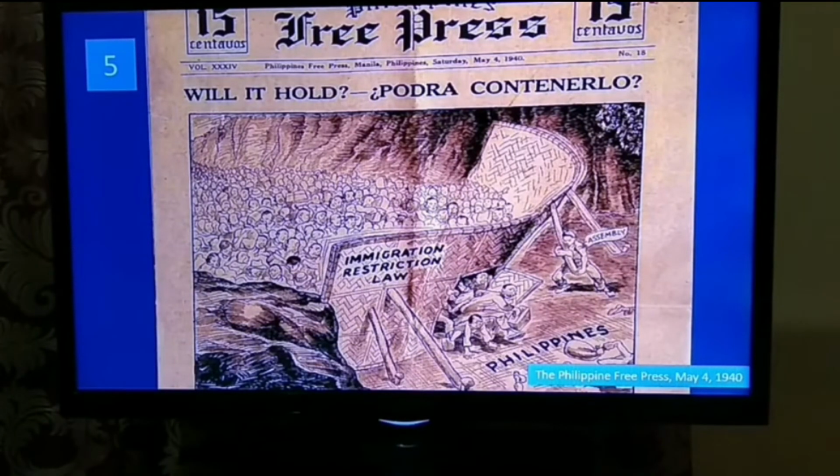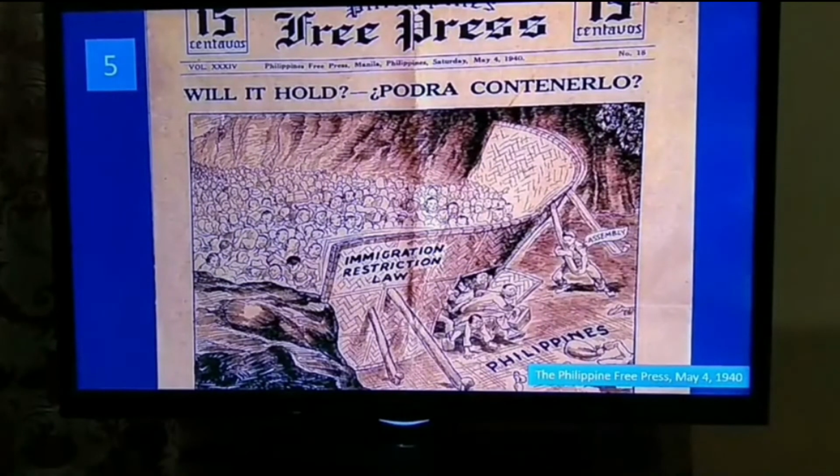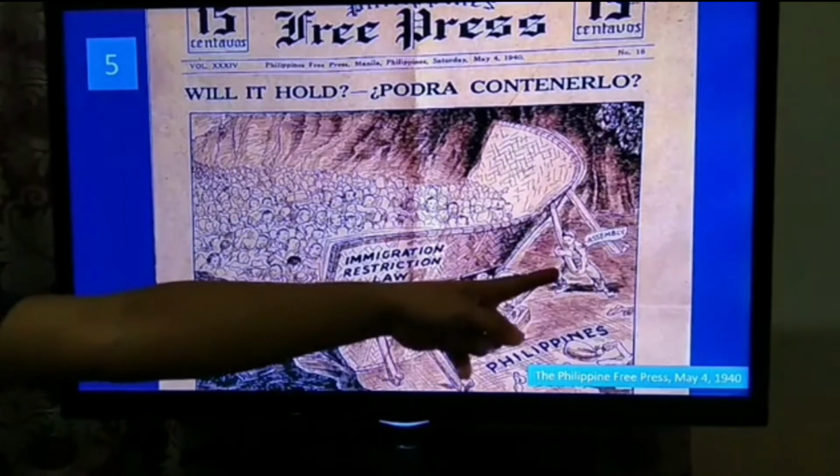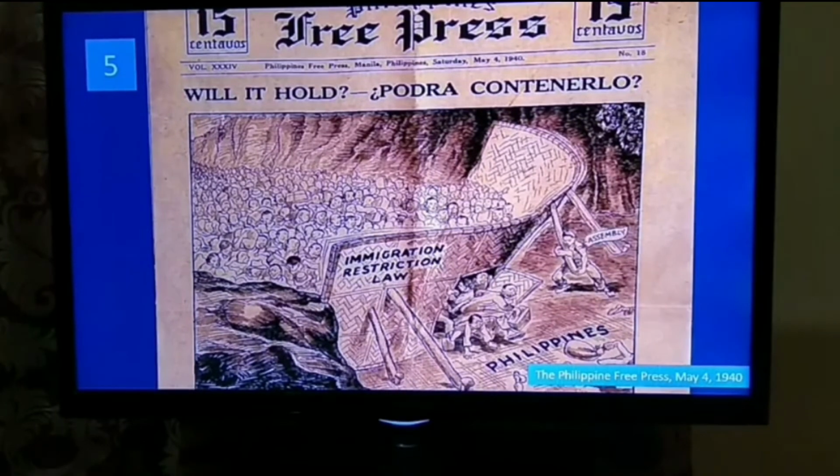Now I'll give you a clue. Assembly is the name of our Congress during the Commonwealth period. So these are our congressmen or senators, our lawmakers, Filipinos, being trained by the Americans in the colonial Commonwealth government, how to run the republic, how to make laws.